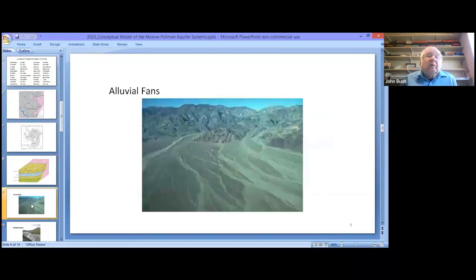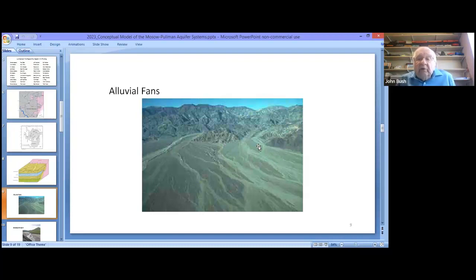We looked at some slides of alluvial fans. This is in the Death Valley area, but it shows these nicely defined channels, numerous channels coming out from the front of the mountain.